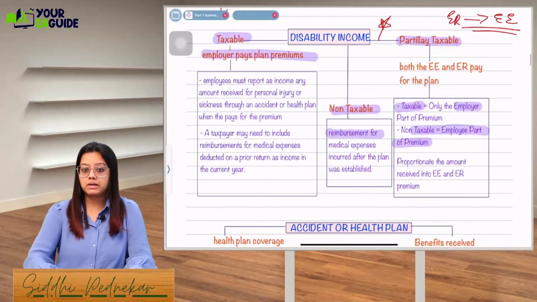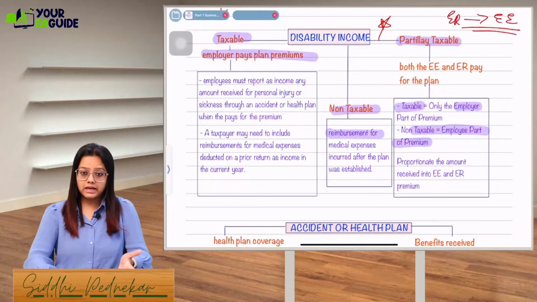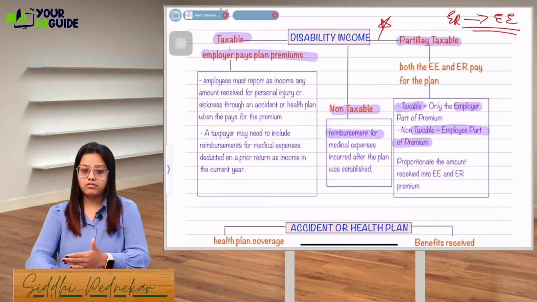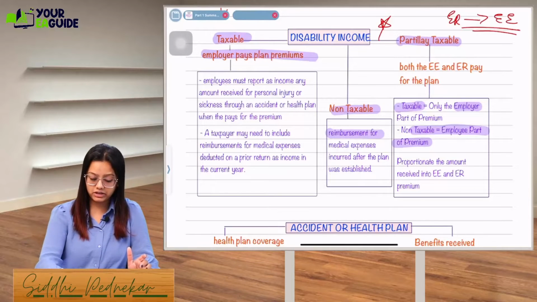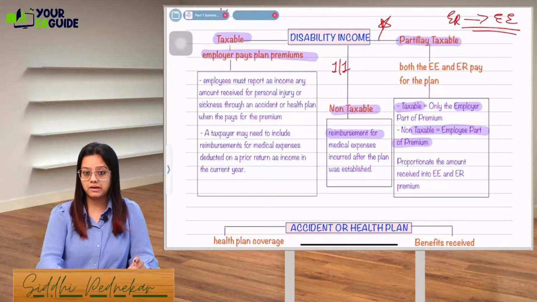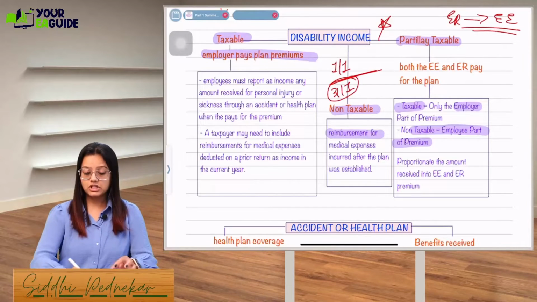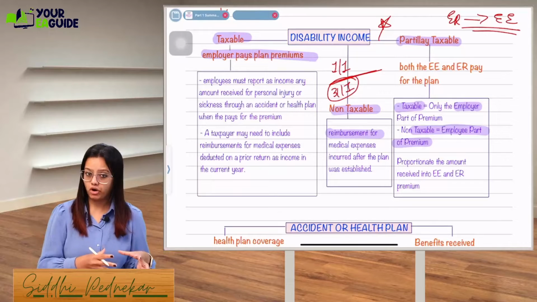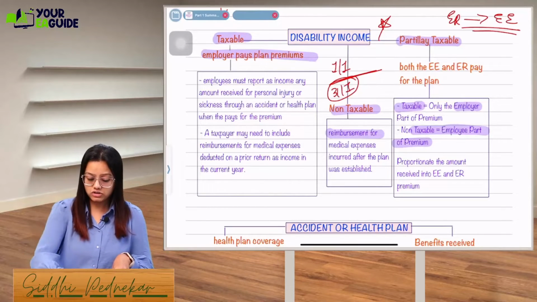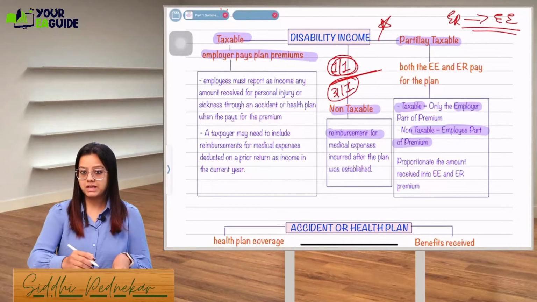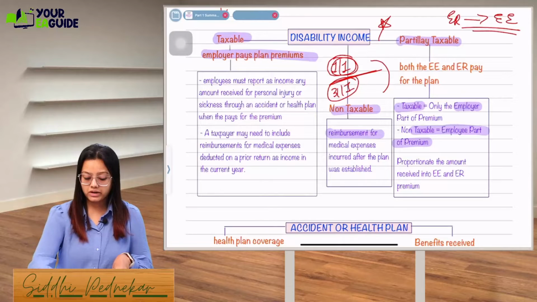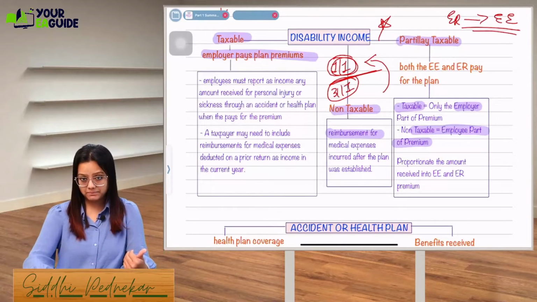Non-taxable is reimbursement for medical expense incurred after the plan was established. Let's say the plan has already been established and later the reimbursements of medical expense are done. Let's say I incurred a medical expense on 1st of Jan, and the plan established by the employer was set up on 31st of Jan. My employer will reimburse me later on.